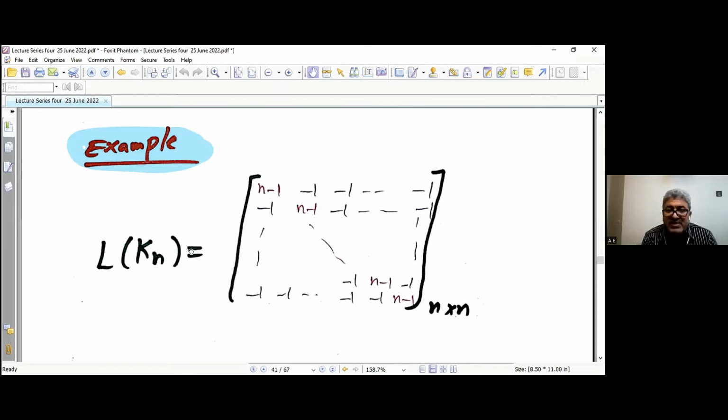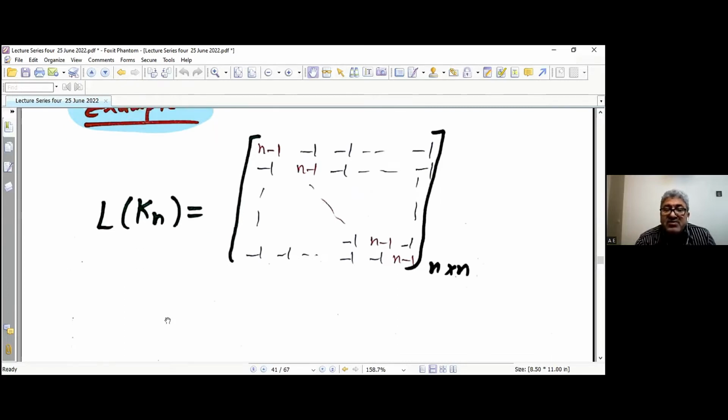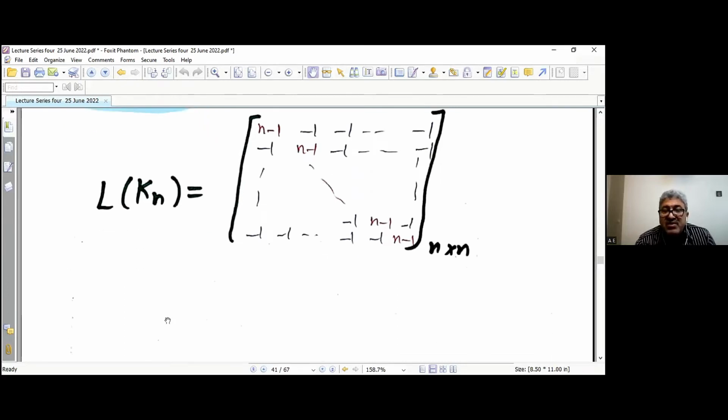So you can see on the diagonal, they are all n-1. And for the other entries, if you take any two arbitrary distinct vertices i and j, because i is adjacent to j, we have -1 for the entries which are not on the diagonal.